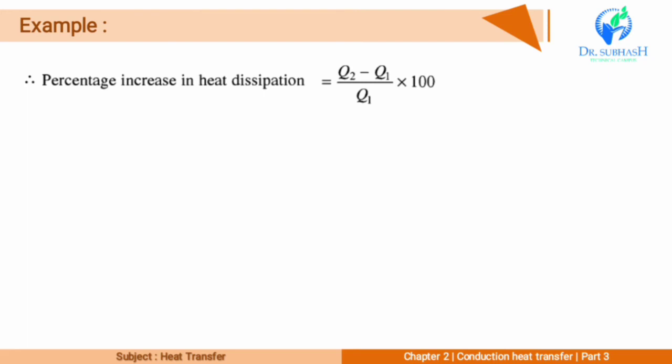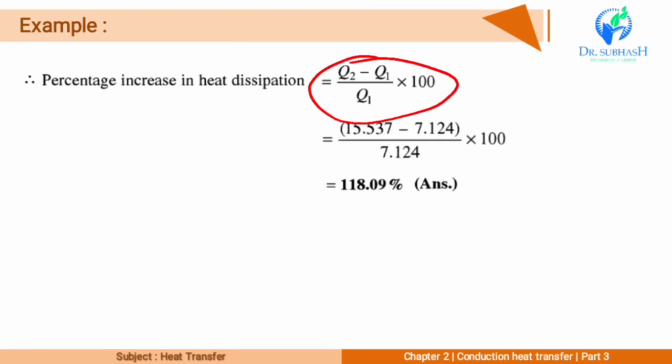So the percentage increase in heat dissipation is Q2 minus Q1 divided by Q1 into 100. So Q2, that is 15.537, minus Q1, that is 7.124, divided by 7.124 into 100. So we get 118.09 percent.